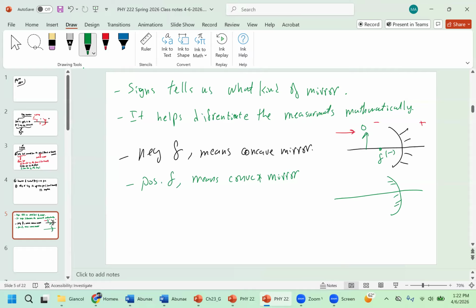Here's your convex. Let's say this is your F. This is your object, and here's the incident ray. This is going to be your positive. That's going to be your negative. So positive F, that means this distance will be positive. Means it's a convex, concave, sorry, convex mirror.